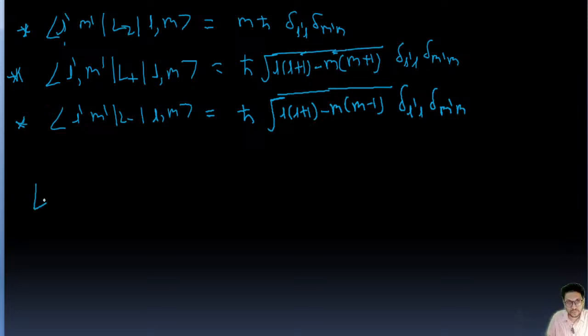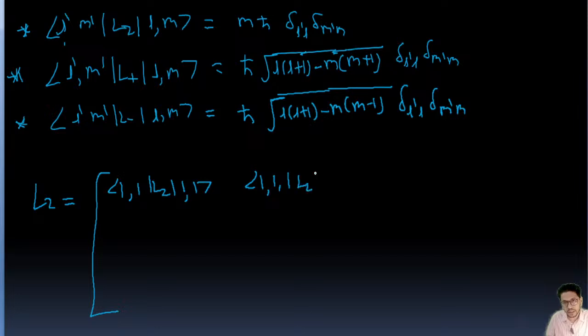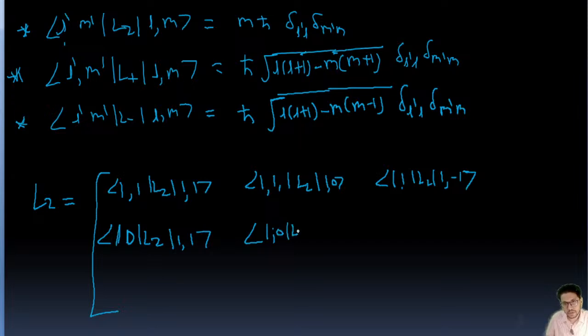So for Lz, the matrix representation is this one: 1 1 Lz 1 1, for the first state. 1 1 Lz 1 0 for the second state, and 1 1 Lz 1 minus 1 for the third. Similarly 1 0 Lz 1 1, 1 0 Lz 1 0, 1 0 Lz 1 minus 1.